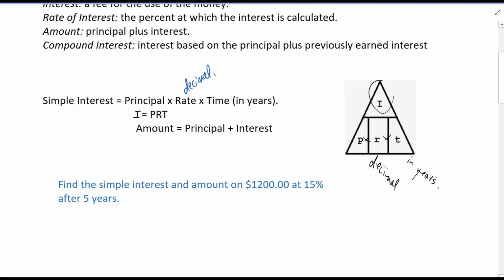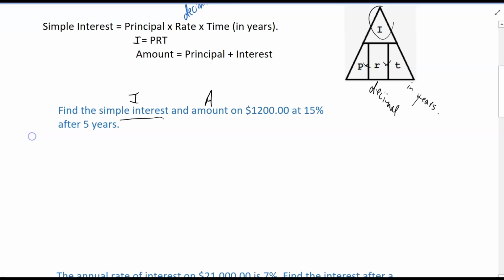All right, so let's take a look at this: find the simple interest and amount on $1,200 at 15% after 5 years. So there are two parts to this. I've asked for the simple interest, I, and the amount, A. So let's first calculate the simple interest.